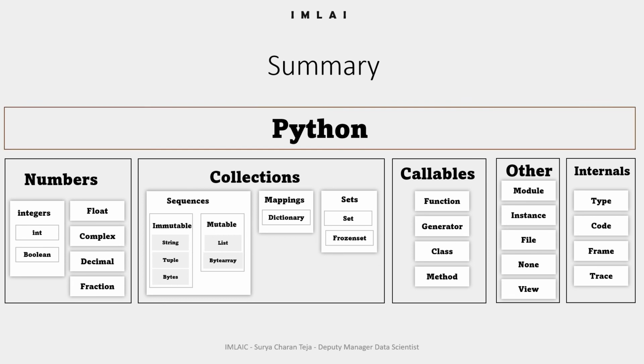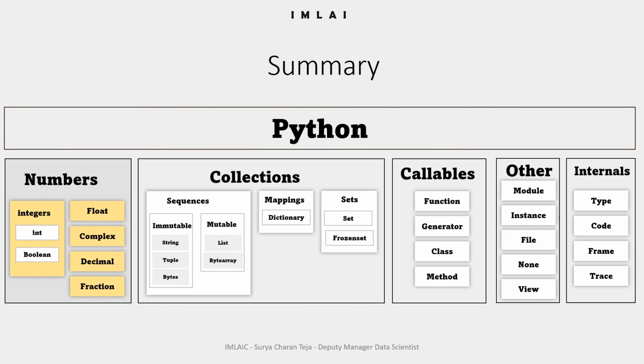Further, Python core data types or core objects can be divided into the following categories based on the nature of the objects. The first one is numbers, which can be subdivided into 4 subcategories.